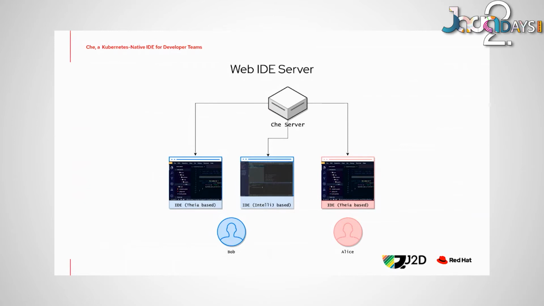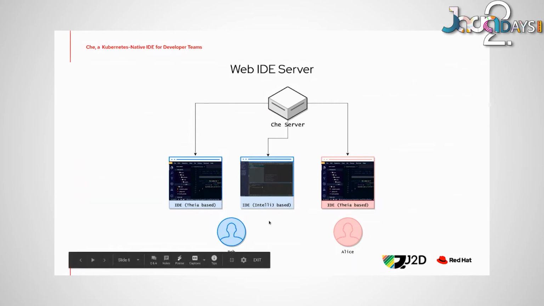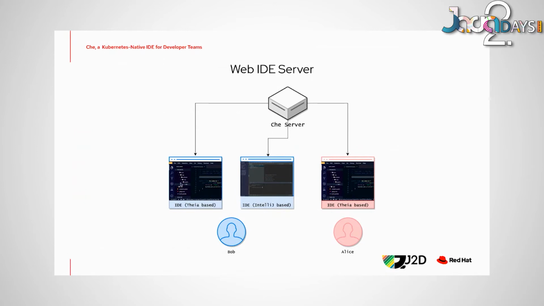So CodeReady Workspaces is Eclipse Che, but maintained and supported by Red Hat. If you use CodeReady Workspaces, you will find the ability to run another editor, not the Theia-based IDE, but the IntelliJ IDE. And of course, you can use any other web-based IDE.